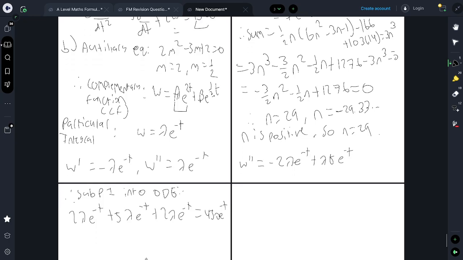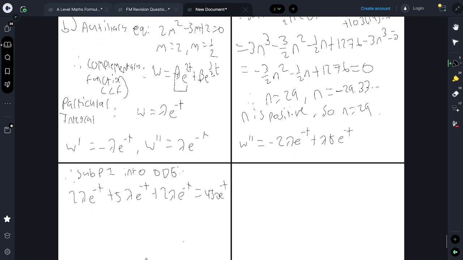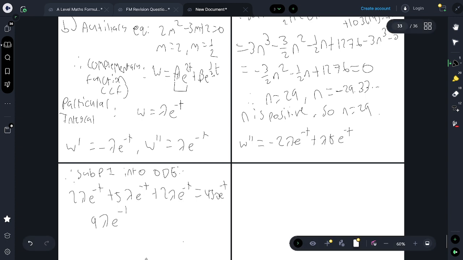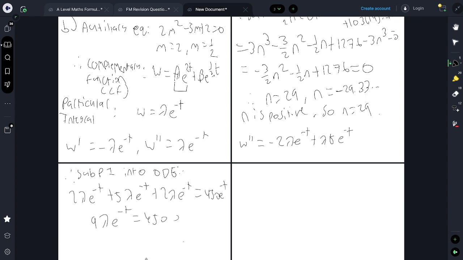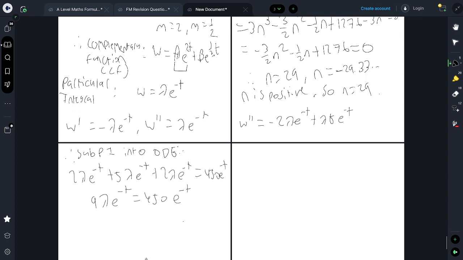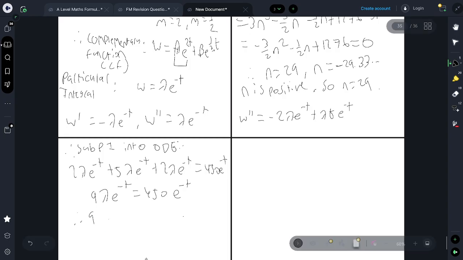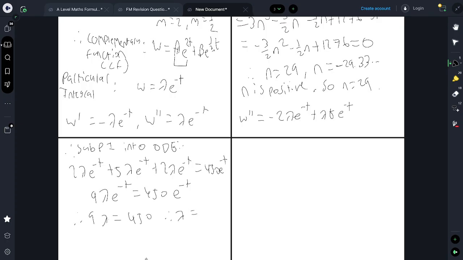Okay, and so that simplifies to 9 lambda e to the minus t is 450. There we go, it's much nicer. Therefore, we can compare to say 9 lambda has to be 450, which means that lambda is 450 over 9 equals 50.